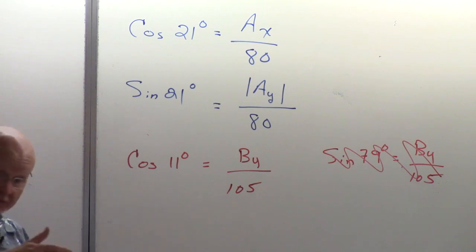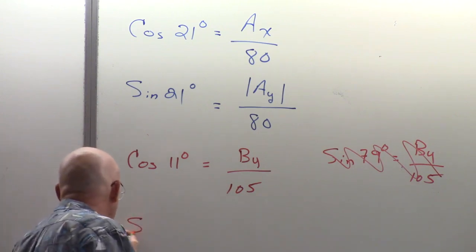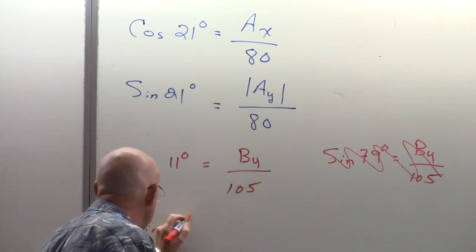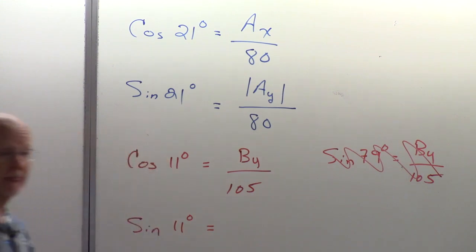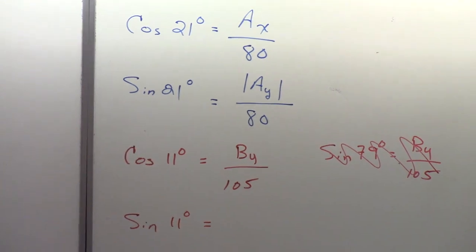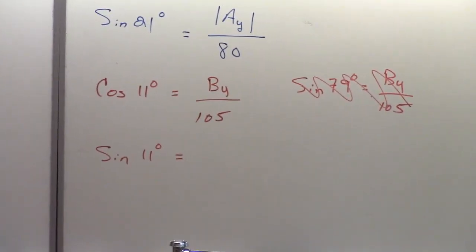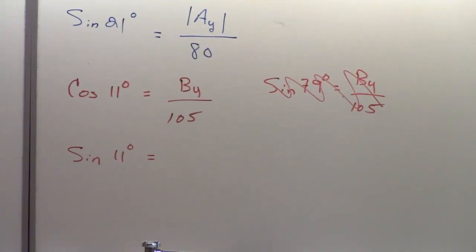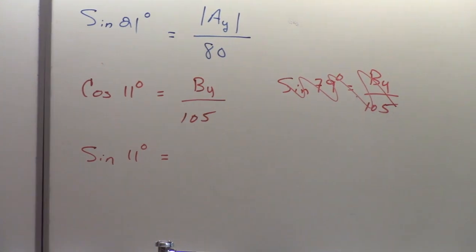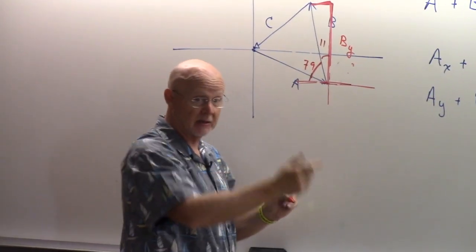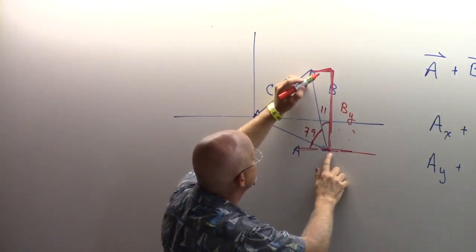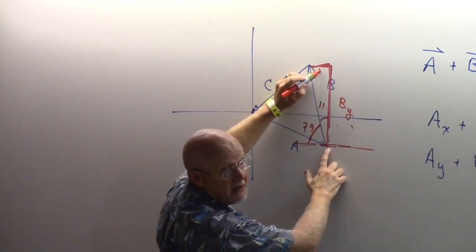And so if I focus my attention still on the 11 degrees, if I go sine of 11 degrees, and maybe coming over to this picture, remembering that sine means opposite, so this would be the opposite, so this would be the x.